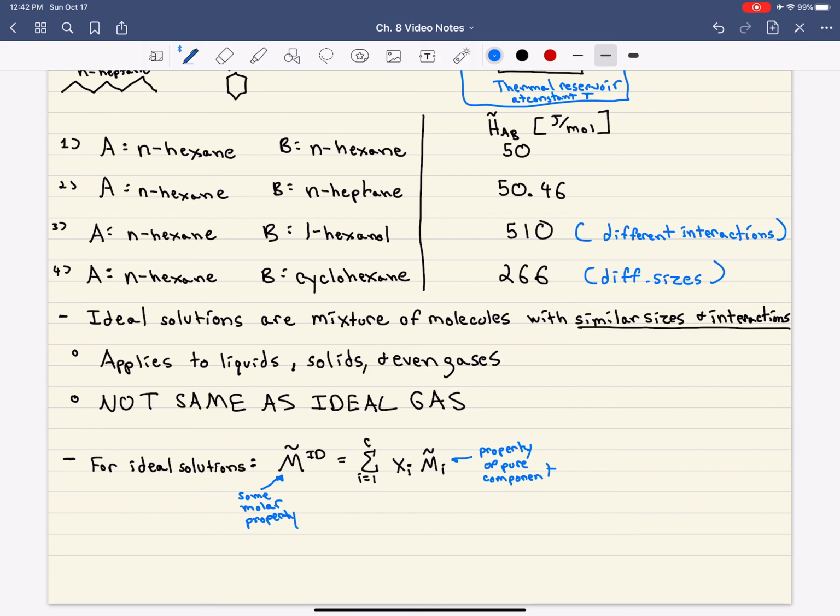Where C here is the number of components, or number of different chemicals, number of different species in the mixture.